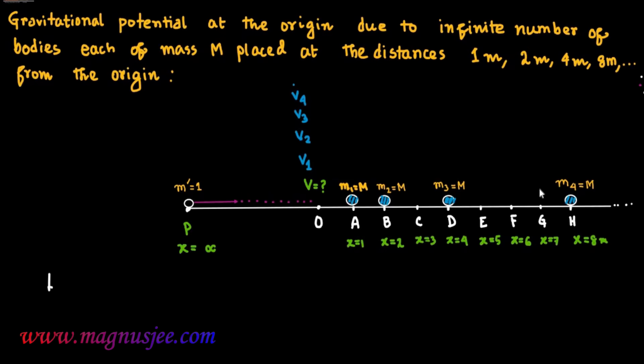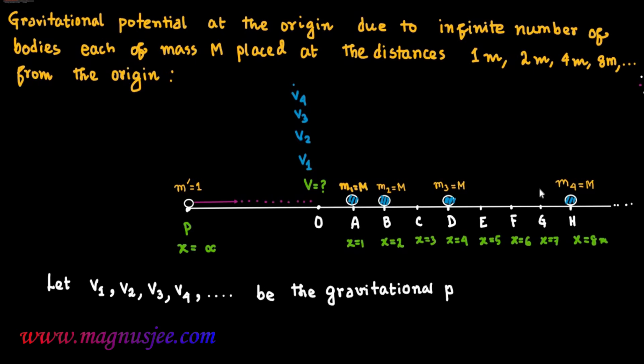Similarly, V2, V3, V4 are the gravitational potentials at O due to the other bodies. Let V1, V2, V3, V4 be the gravitational potentials at the point O.